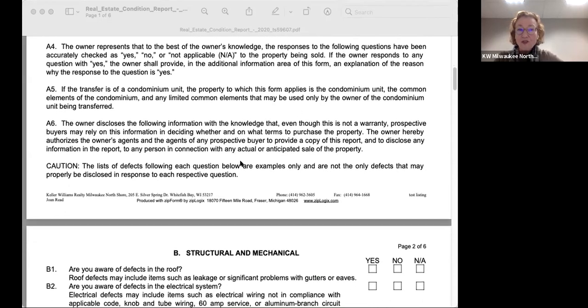The owner discloses the following information with the knowledge that even though this is not a warranty, prospective buyers may rely on this information in deciding whether or on what terms to purchase the property.